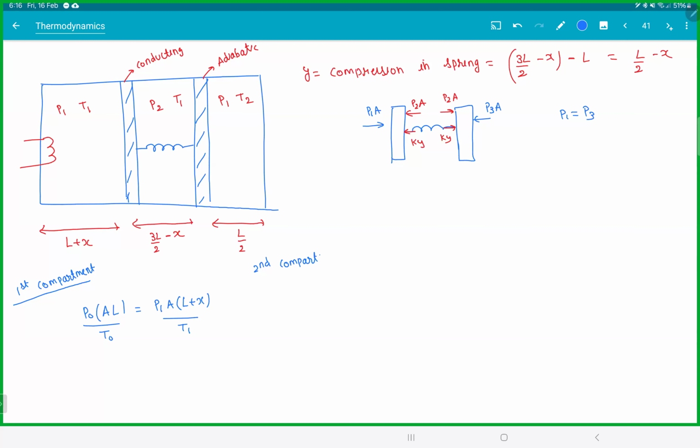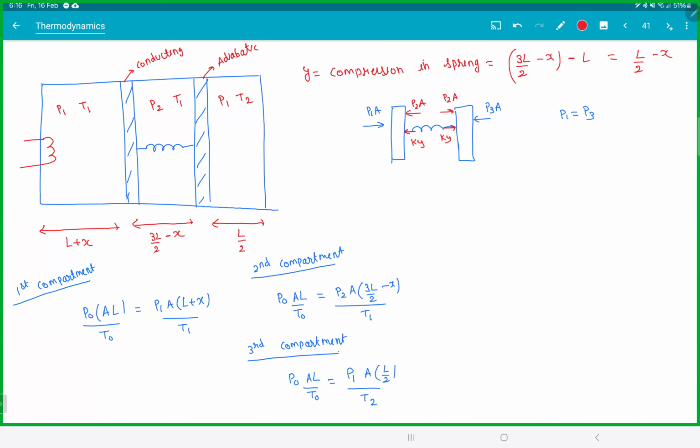For the second compartment, P naught A into L by T naught is P2 into A into 3L by 2 minus X by T1. The third compartment, P naught A L by T naught is P1 A into L by 2 by T2.